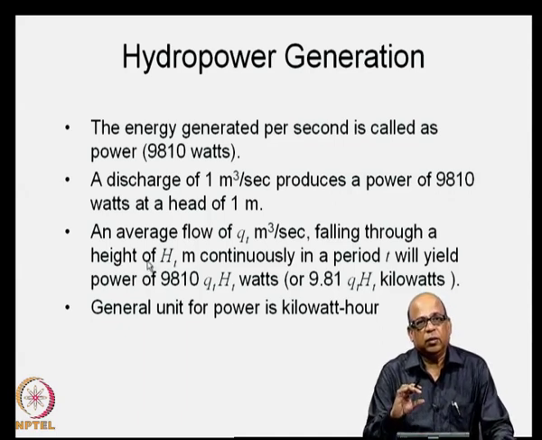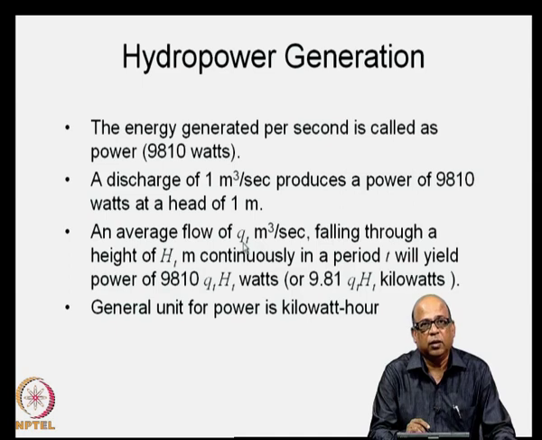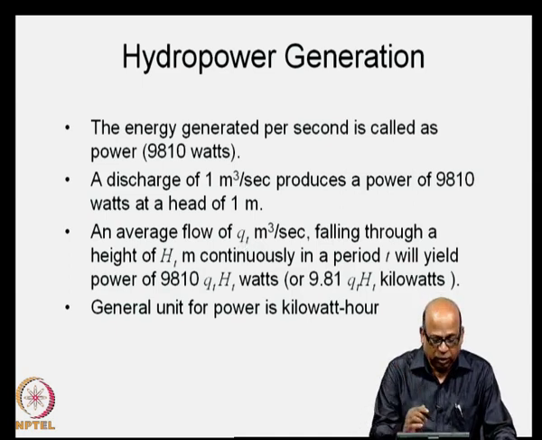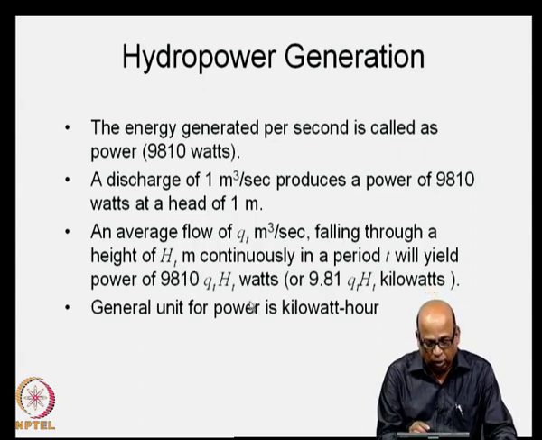Now, let us say that you are passing a discharge of QT meter cube per second. From 1 meter cube per second, we have gone to QT meter cube per second in a time period, falling through HT meters. That means not 1 meter, but HT meters. Then obviously the power will be 9810 into QT into HT watts, because 9810 was for 1 meter cube per second for 1 meter.